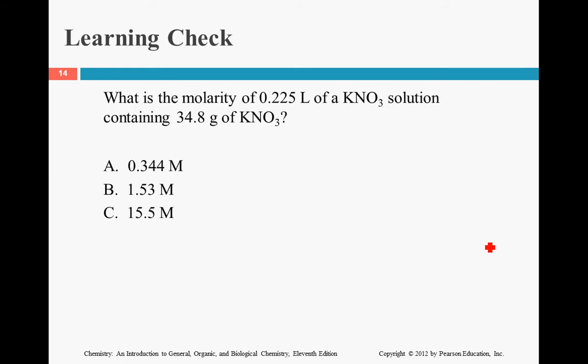Alright, so let's take a look at doing an actual equation. What is the molarity of 0.225 liters of potassium nitrate solution with 34.8 grams of potassium nitrate? There's a couple different steps here. First, we know that molarity is equal to moles over liters.